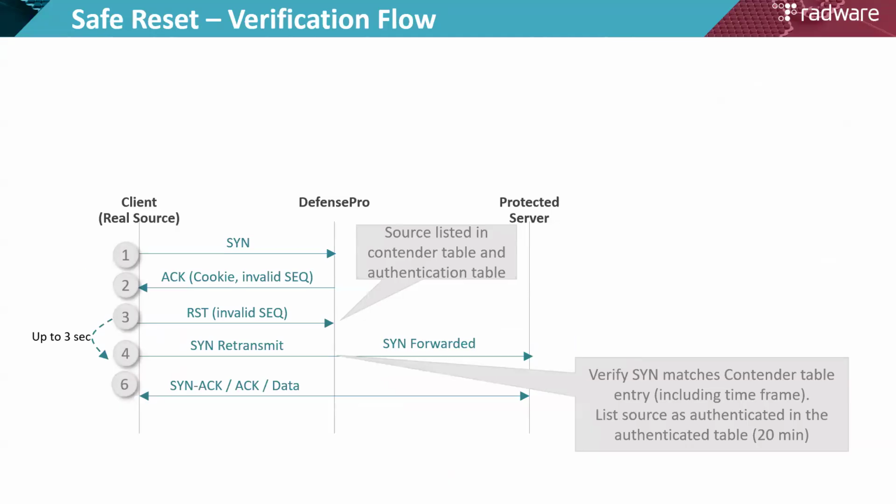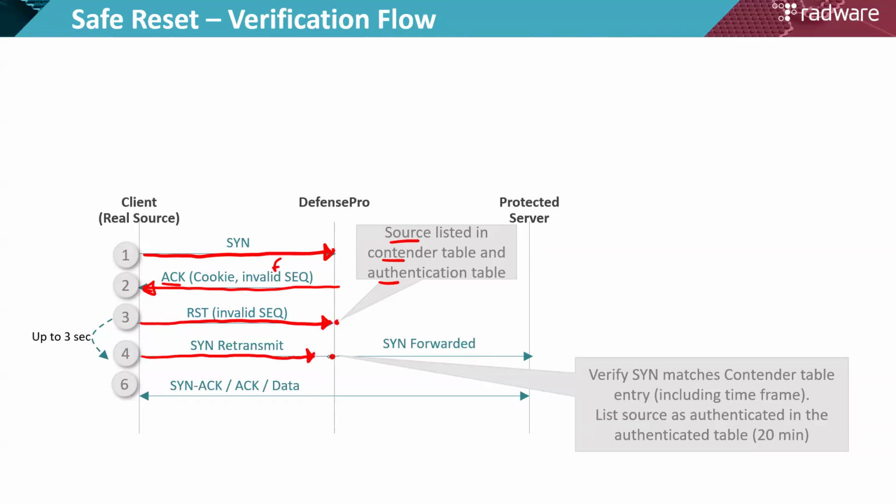Again, this is the exact same thing. The SYN packet is sent. Defense Pro sends a bad ACK response with an invalid sequence number. The client should reset that particular connection. At this point, the source is listed in the contender table and authentication table. Once the client has reset the connection, it should again retransmit the SYN packet.